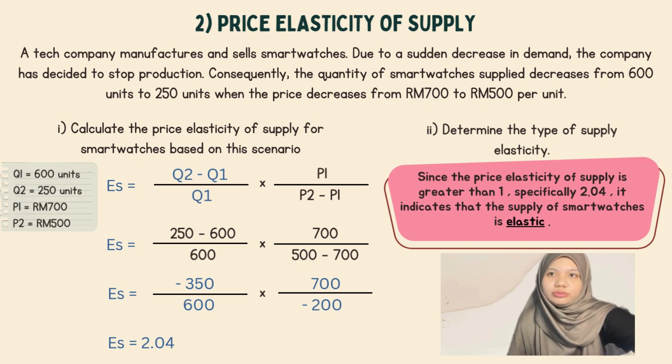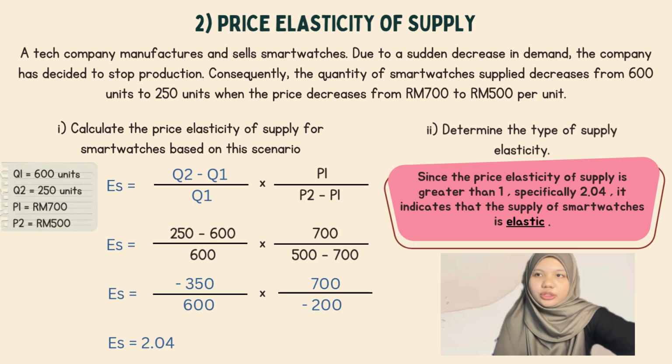So the formula for price elasticity of supply is ES equals Q2 minus Q1 divided by Q1, multiplied by P1 divided by P2 minus P1. Based on this statement, Q1 equals 600 units, Q2 equals 250 units, P1 equals 700 ringgit, and P2 equals 500 ringgit. So here is the calculation.